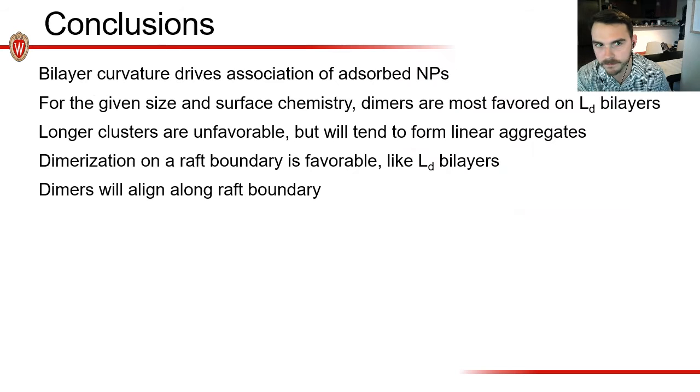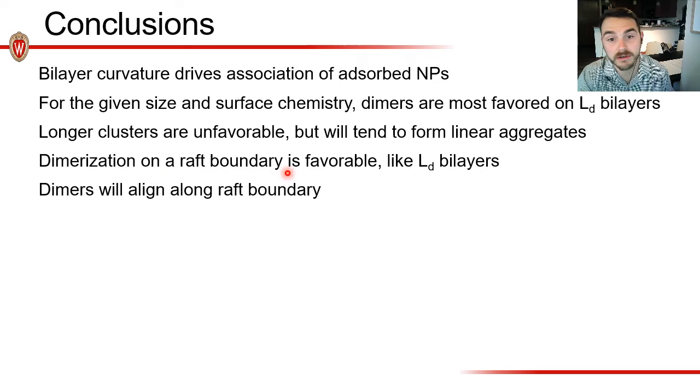So in conclusion, what we'd like to say is that bilayer curvature can drive association of adsorbed nanoparticles. For the given size and surface chemistry, dimers are the most favored on the liquid disordered bilayers. Longer clusters are unfavorable, but when they do form, they tend to form linear aggregates as opposed to close-packed aggregates.